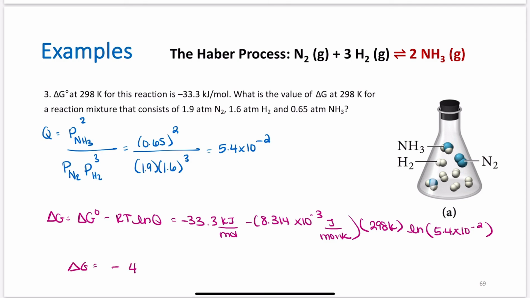Delta G is negative 41 kilojoules per mole. Okay, you guys are ready. You're done with this chapter.